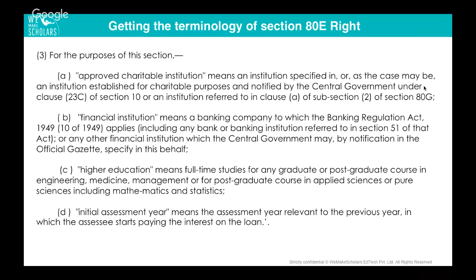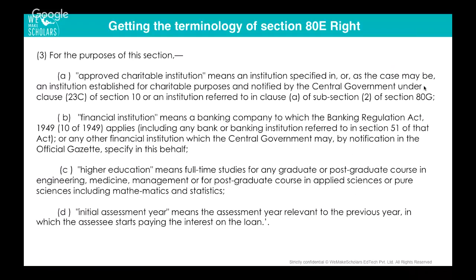Now, the third point is very simple: higher education, because they mentioned that this can be claimed only for higher education. So they are just clarifying what exactly higher education means. Higher education means full-time studies for any graduate or postgraduate programs in any of these fields. It almost includes everything: engineering, medicine, management, or a postgraduate course in applied sciences, pure sciences, including mathematics and statistics.